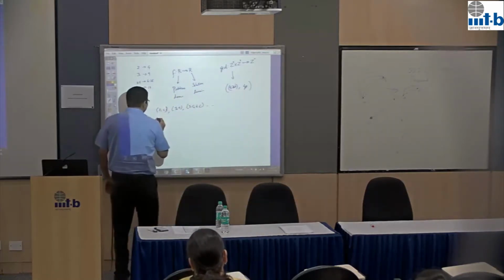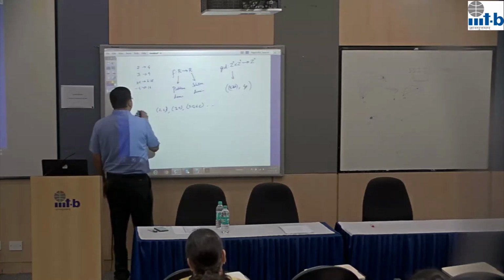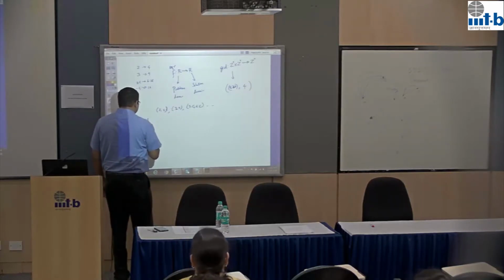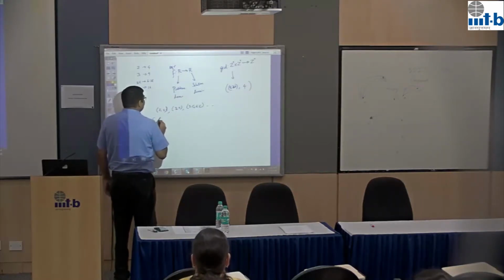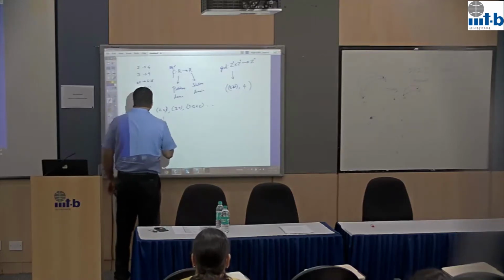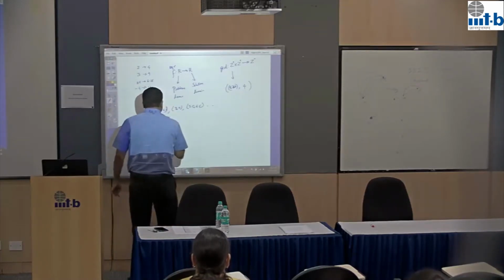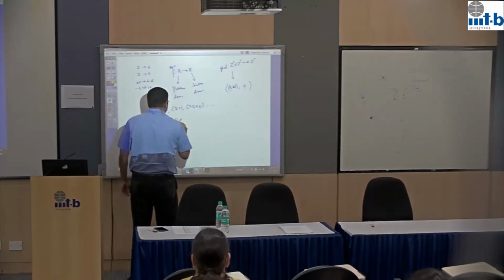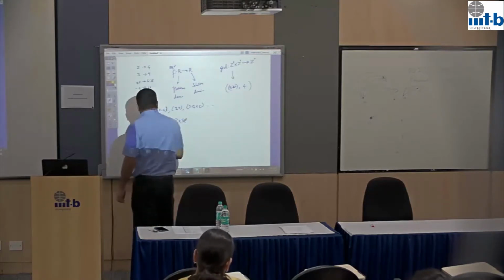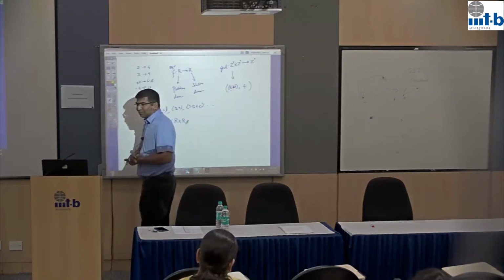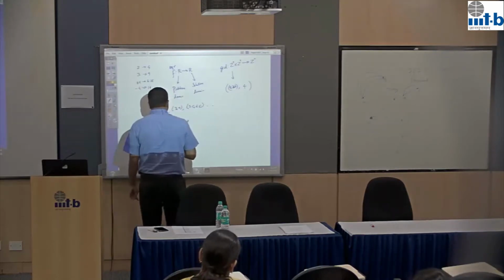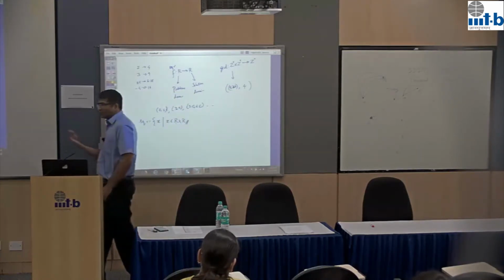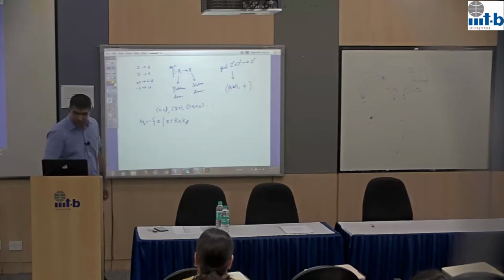For example, for the set F, or I'll call this SQR, the set of all elements X such that X is a member of real times real, and X has some property.